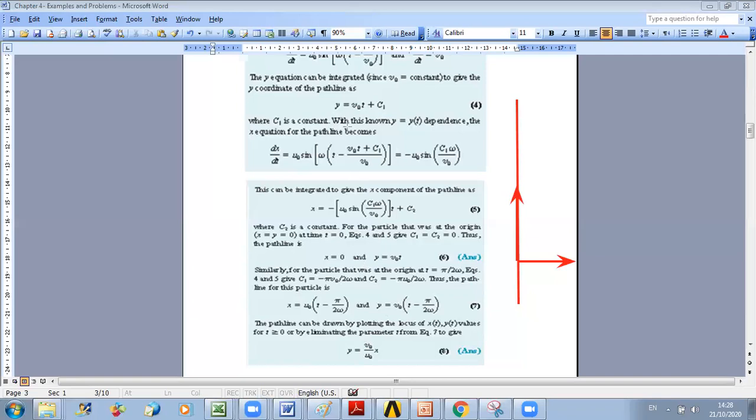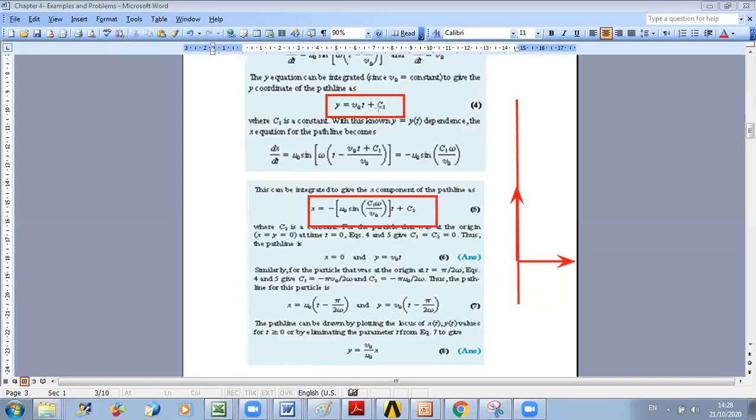So we have that, for example, for y, the equation is v0t plus c1. And for x, the equation is minus u0 sine of c1 omega over v0 times t plus c2. To find c1 and c2, first, to find c1, I will start with the equation of y.